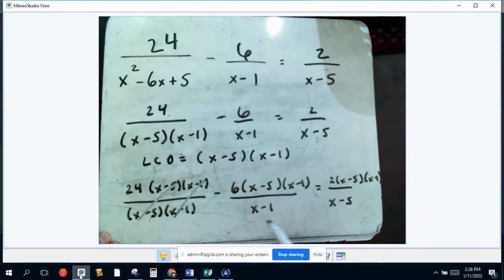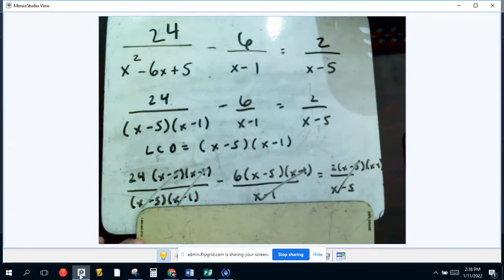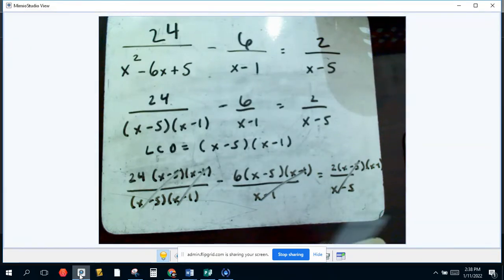Crosses out here, crosses out there, crosses out there. And what that leaves us with, I'll write it down here, is 24.